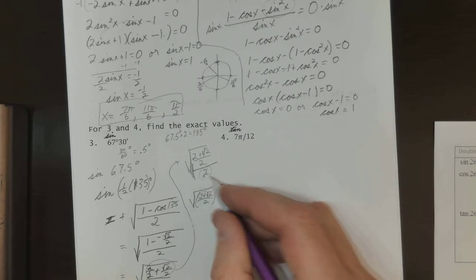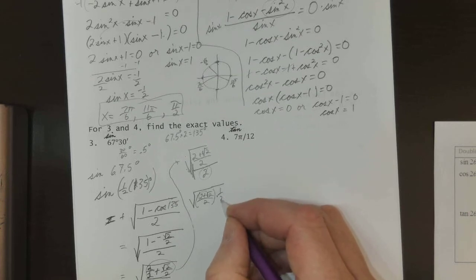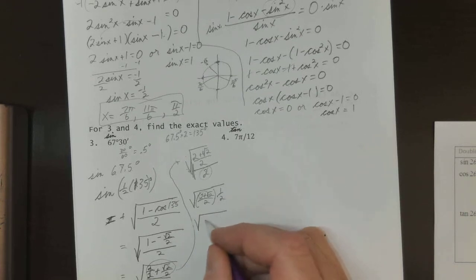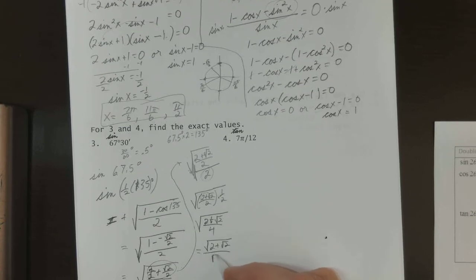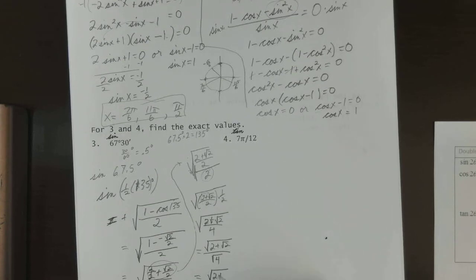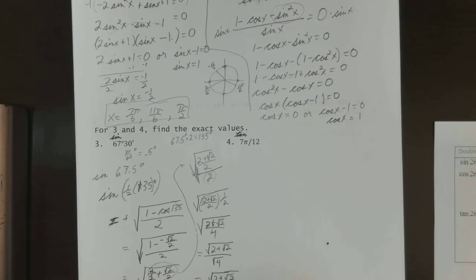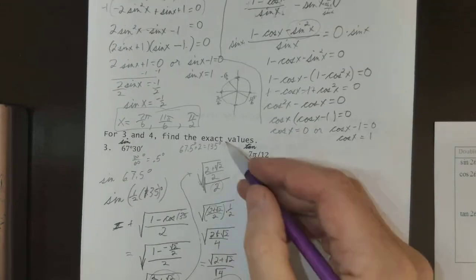And instead of dividing by 2 with that denominator, I'm going to multiply by 1/2. And that is the square root of 2 plus the square root of 2 over 4. Now that's going to equal the square root of 2 plus the square root of 2 over the square root of 4. And then my final answer for the exact value in simplified form is square root of 2 plus square root of 2, and that's over 2. So there's my answer there.